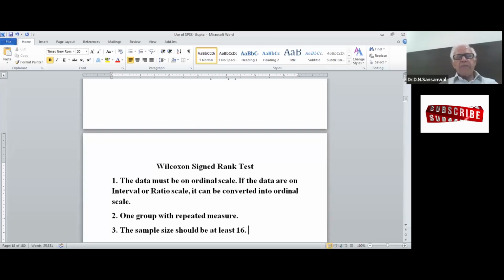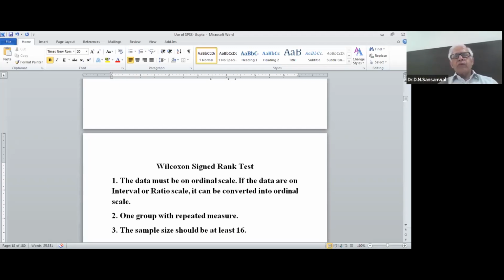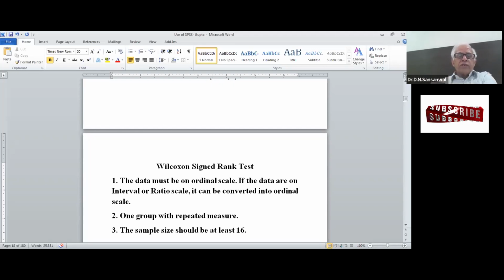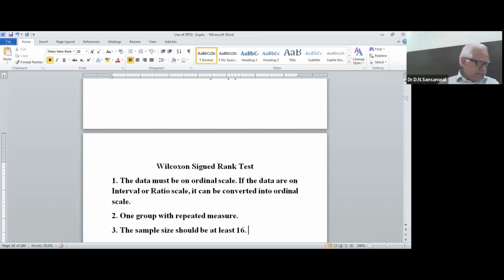If your sample size is less than 16, then you cannot analyze your data with the help of the Wilcoxon signed rank test. So this is another one.